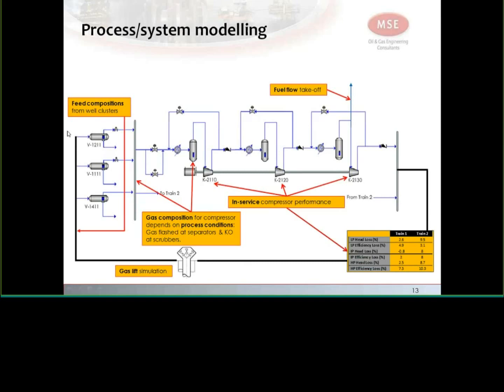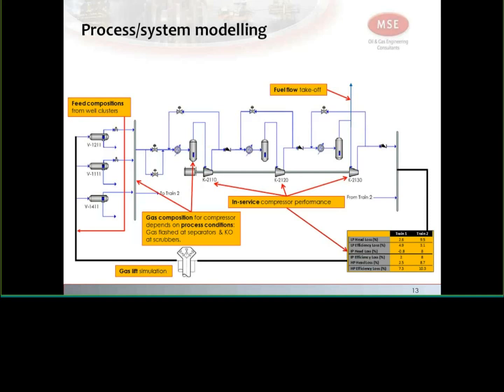We included the feed compositions from the different well clusters, so that we were able to simulate different operating conditions and regimes. The composition of the gas would change depending on which cluster was flowing, and that of course will affect the conditions of the compressor suction, both composition and pressure itself.